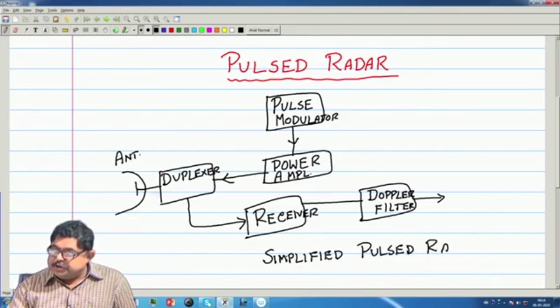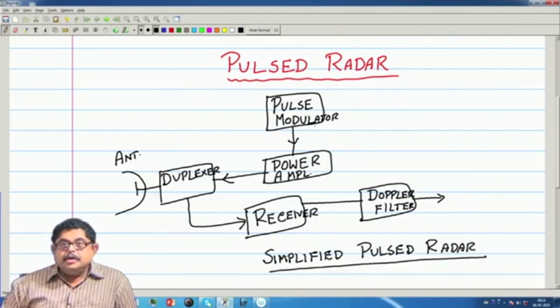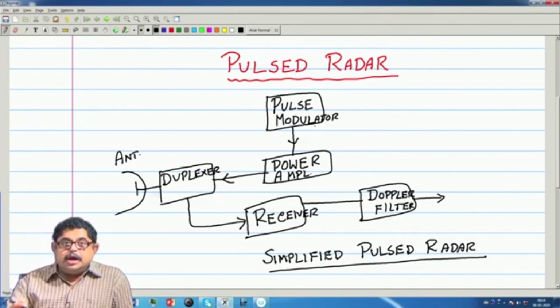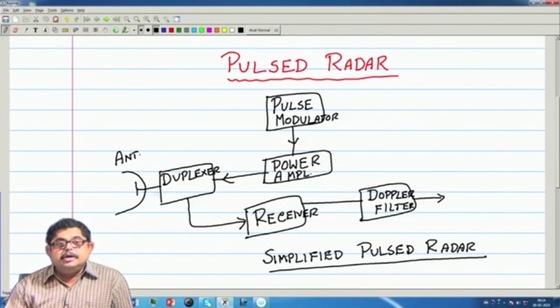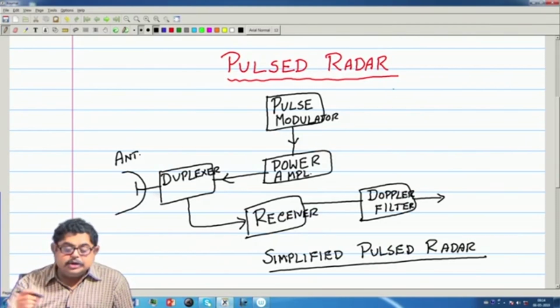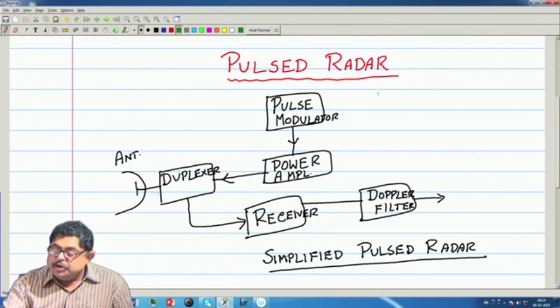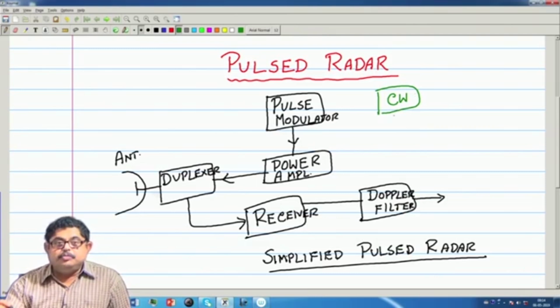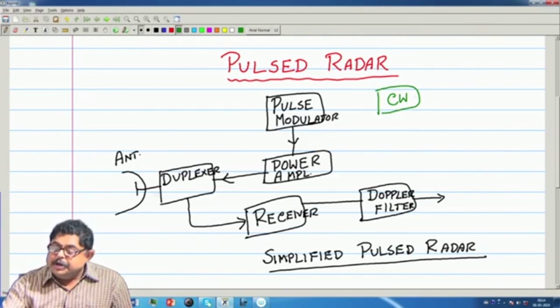Now, the first question that comes to our mind if we look at this block diagram, that we know CW production is easier. So, I could have kept a CW modulator instead of this pulse modulator. Let us say I keep a CW transmitter, it will produce RF continuous waves and then I will simply make it on and off and give that here.